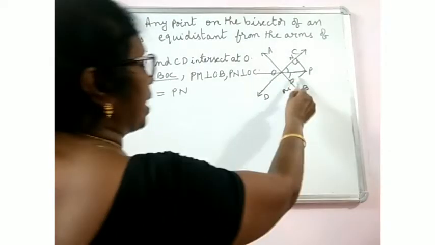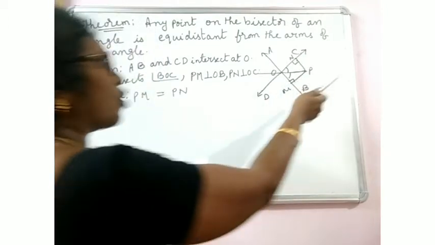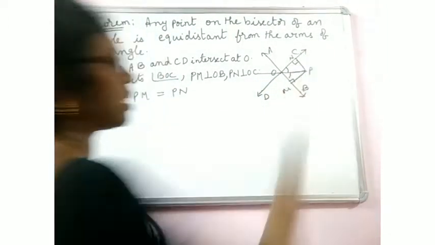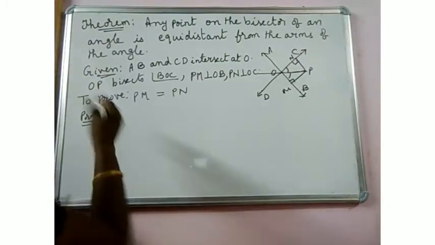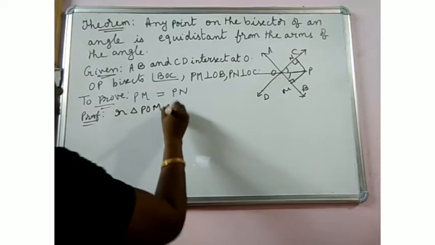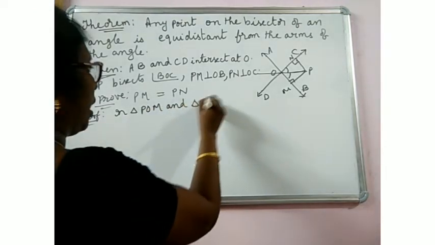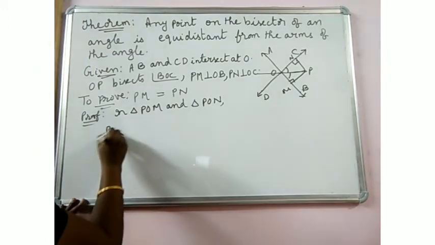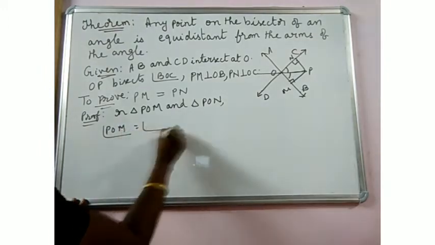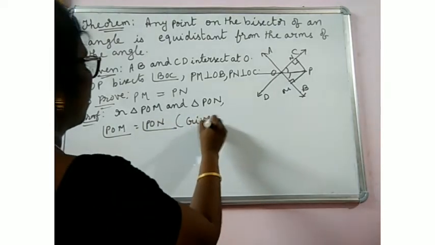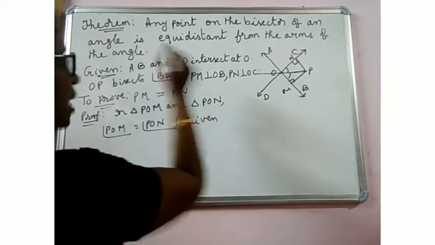Again now we have to make these two triangles congruent. Once we are able to make them congruent, we can prove by CPCTC that PM is equal to PN. So let us work in triangle POM and triangle PON. Angle POM is equal to angle PON, that is what is given, because OP bisects angle BOC.